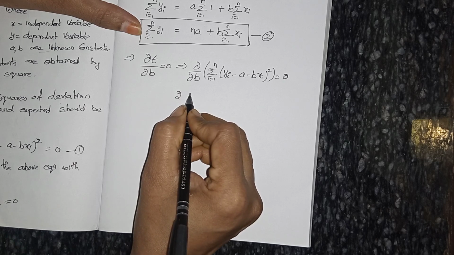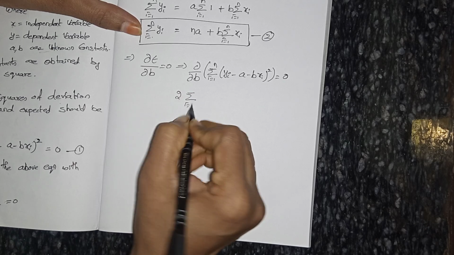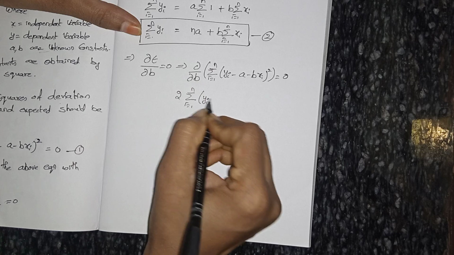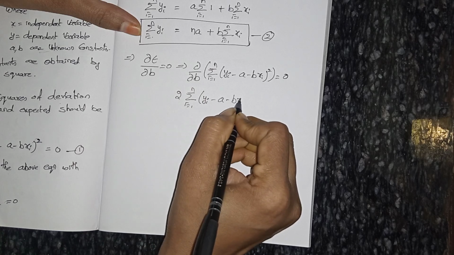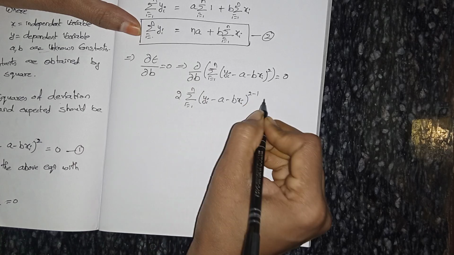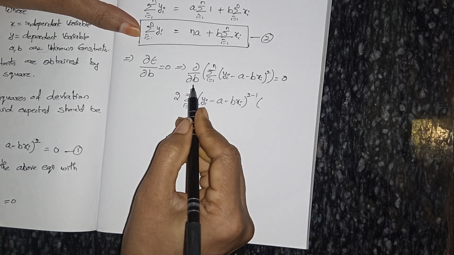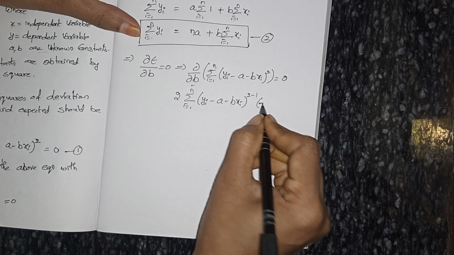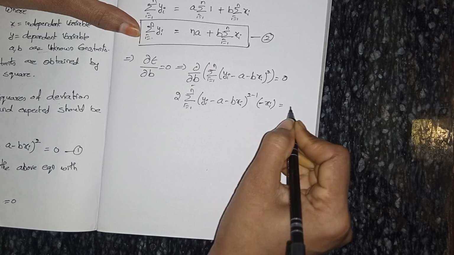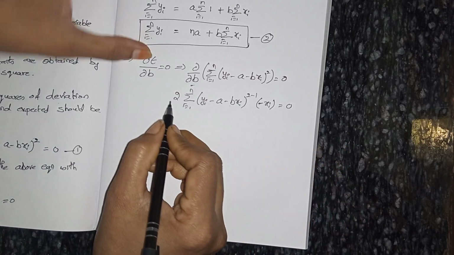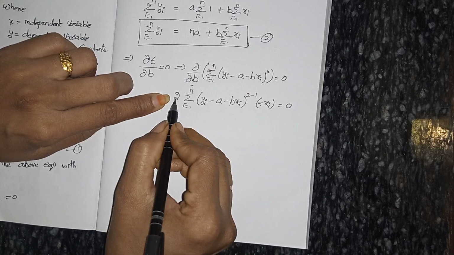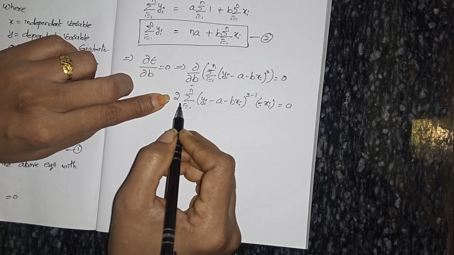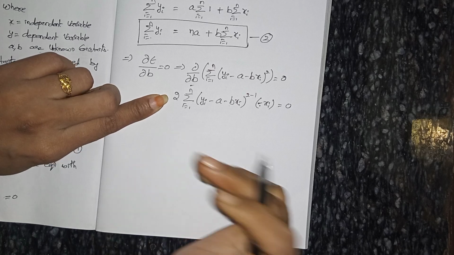So 2 summation i equals 1 to n (yi minus a minus b xi) whole to the power of 2 minus 1 into, with respect to b we are doing now. So b coefficient is nothing but minus xi equals what? 0.